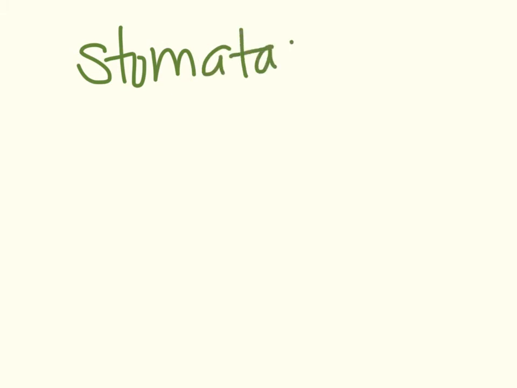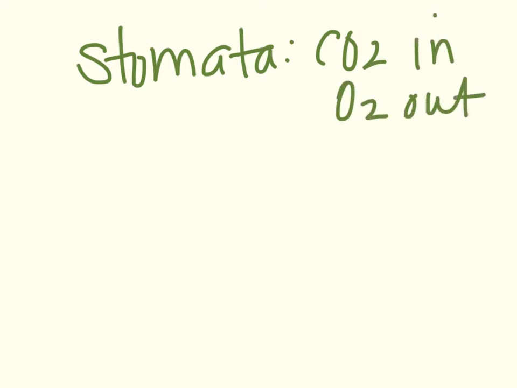Let me open it up again. It was right in front of me and then it went away. Okay, stomata. Stomata was where CO2 goes in and O2 comes out. All right? And then we had phloem.